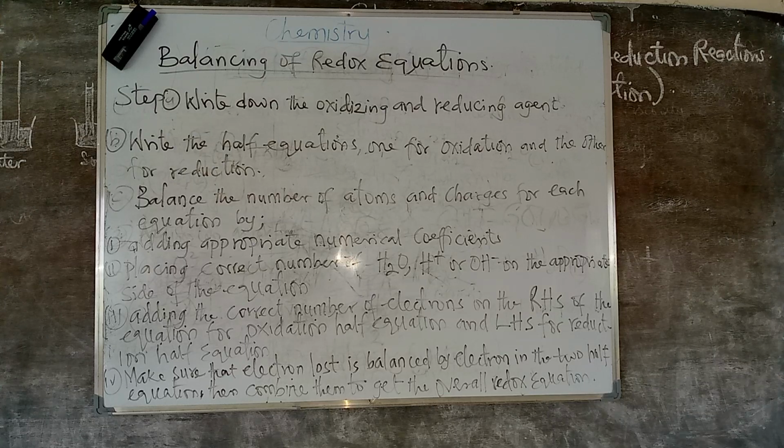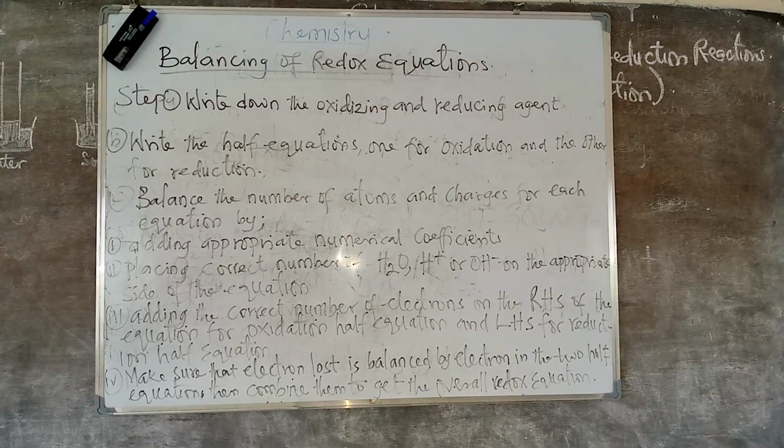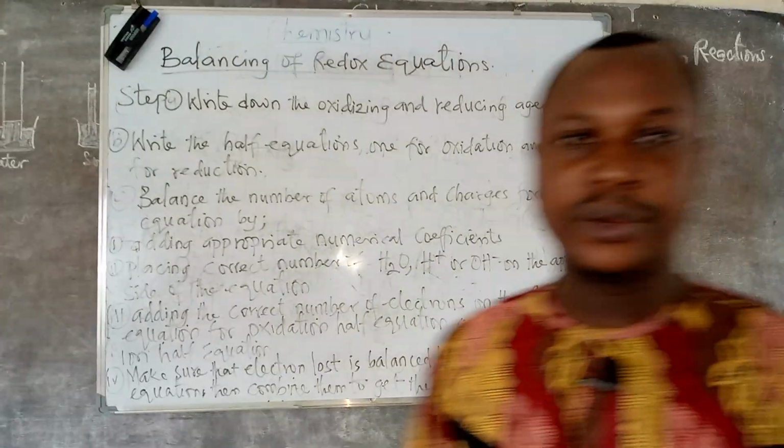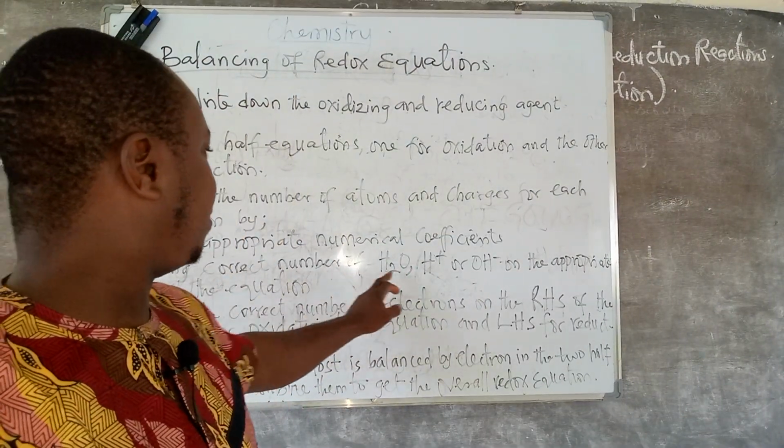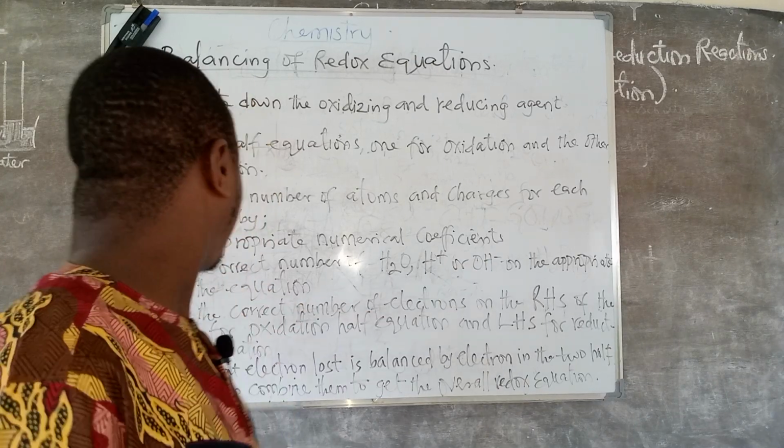That deals with balancing an ordinary chemical equation. And the second part is placing the correct number of water, hydrogen ion, or hydroxide ion on the appropriate side of the equation.